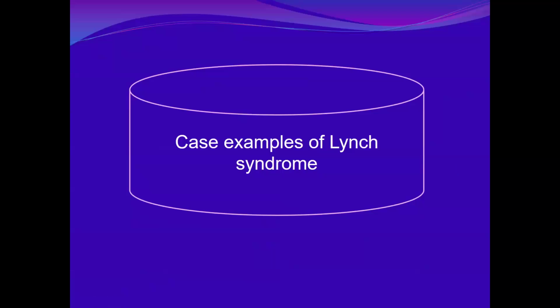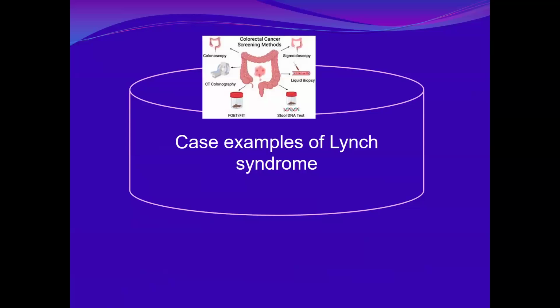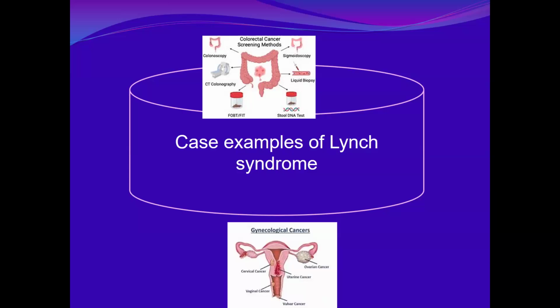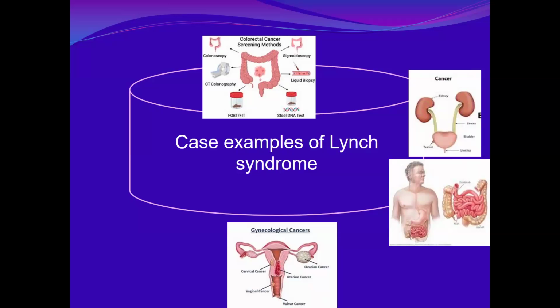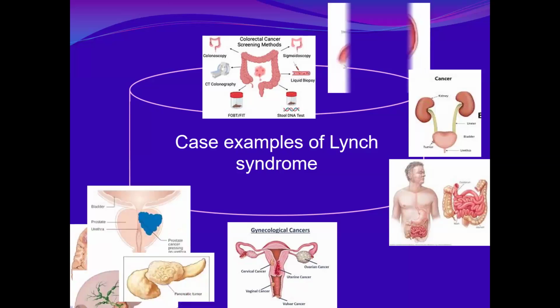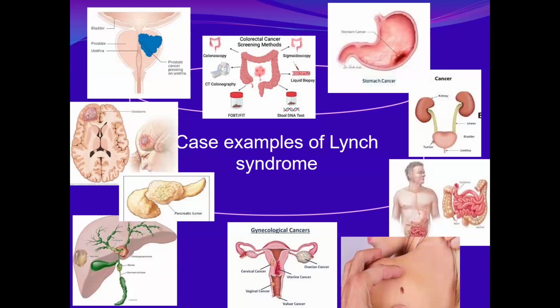So let us go for case examples of Lynch syndrome cancers. And definitely, as we mentioned, the commonest is colorectal cancer, followed by gynecological cancers. Then stomach, small bowel, and urogenital and urothelial cancers, followed by other types of cancer: brain, prostate, biliary, cholangiocarcinoma, and even skin cancers.